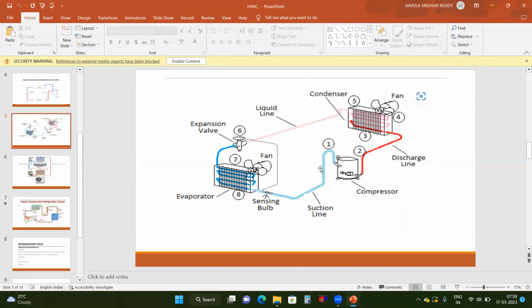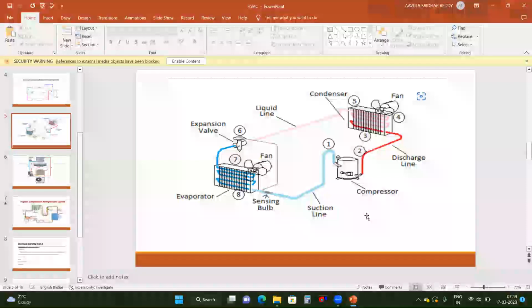When the refrigerant enters the compressor, the compressor's work is to increase the pressure and temperature of the gas. So the high temperature, high pressure compressed gas will enter the condenser.